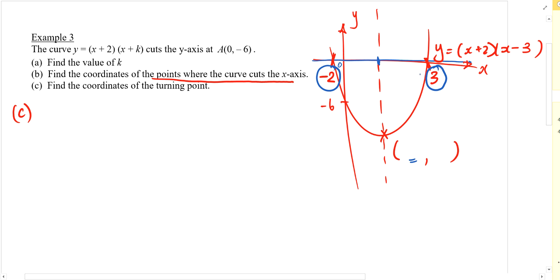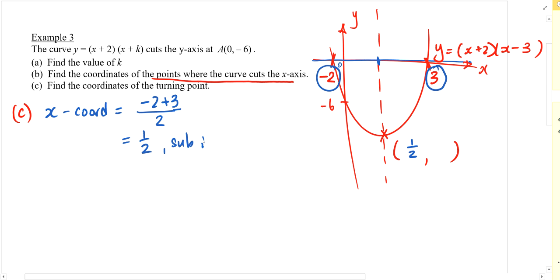So the average or the midpoint of -2 and 3 will be, x coordinate is equal to (-2 + 3) divided by 2. We are literally finding the average. We add them up, we divide it by 2. So 3 minus 2 is 1, divided by 2 is half. The x coordinate is half. Once I know the x coordinate, I can easily find the y coordinate.